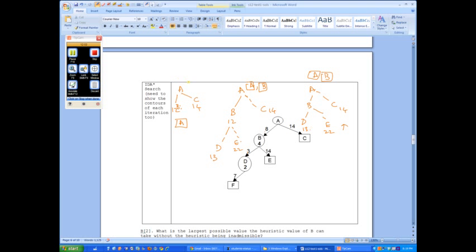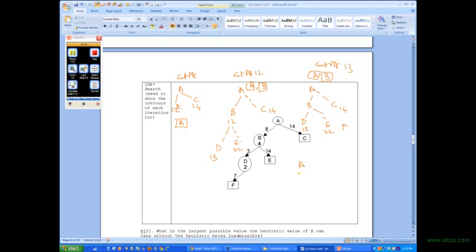So by the way, here the cutoff is 12, and here the cutoff is 13, and then the next one will be cutoff 14.